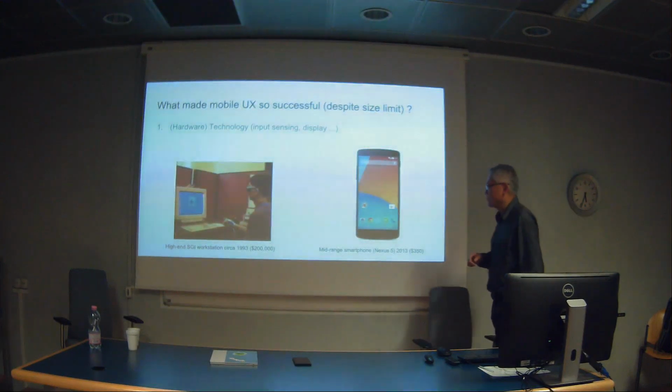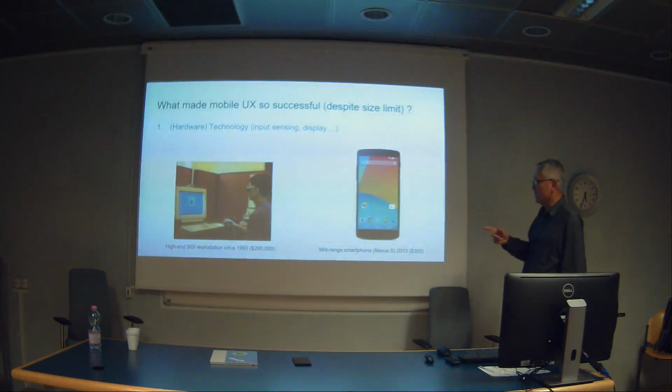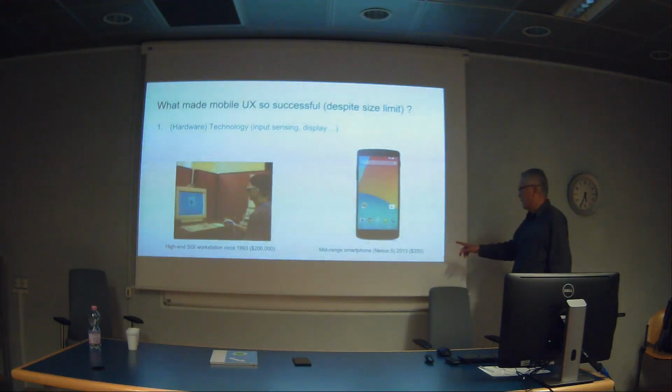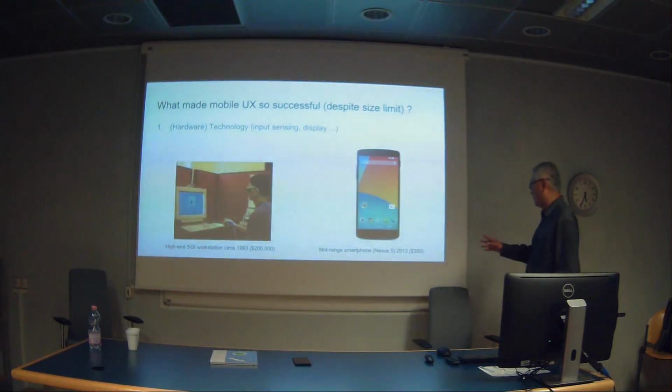When I was young, working on my PhD in virtual reality and telerobotics, in order to program my PhD research, I had to have a high-end SGI workstation, which cost about $200,000 in 1993. 20 years later, this mid-range smartphone, the Nexus 5, cost about 3 orders of magnitude less.